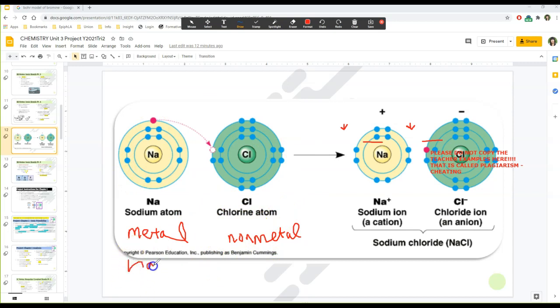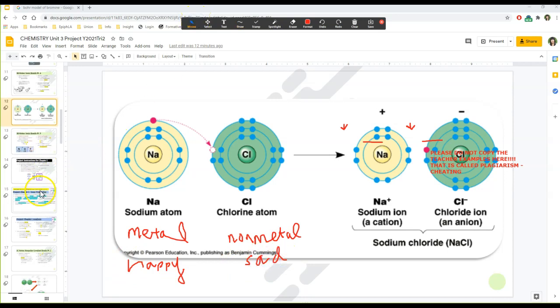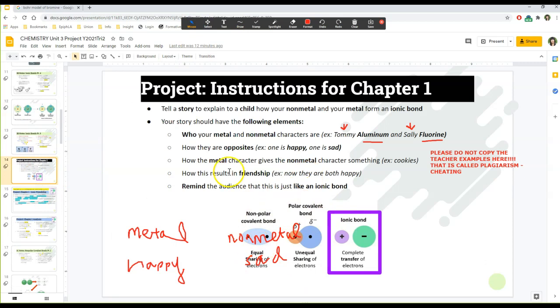So I would actually make the metal the happy one, and the non-metal the sad one. Okay, the one that's getting something should be the non-metal. Okay, so I'll write that note here. The one who is getting something is the non-metal. So keep that in mind when you come up with your opposite characteristics.